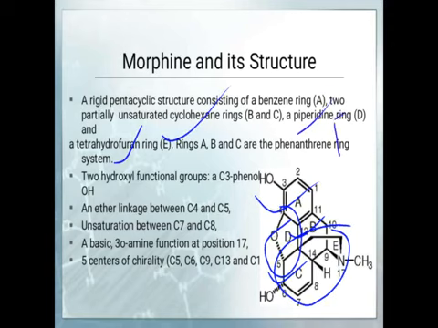So the piperidine ring is E, and this tetrahydrofuran ring is the D ring. So rings A, B, and C are the phenanthrene ring system, or they are called the phenanthrene ring. The A ring is the benzene ring, and B and C are half saturated, or unsaturated.